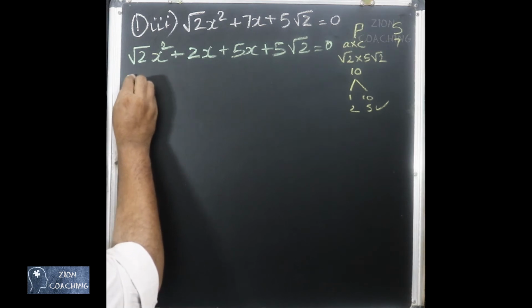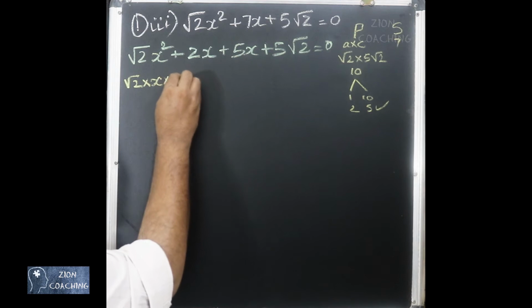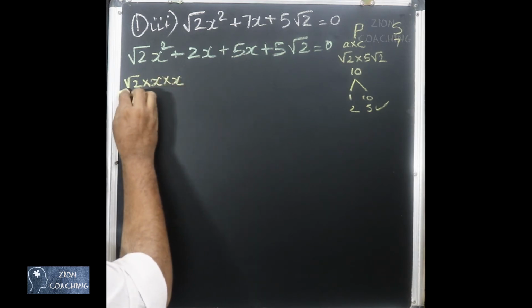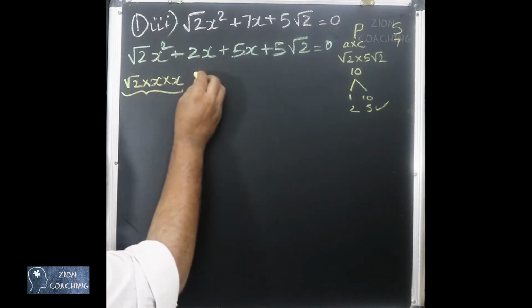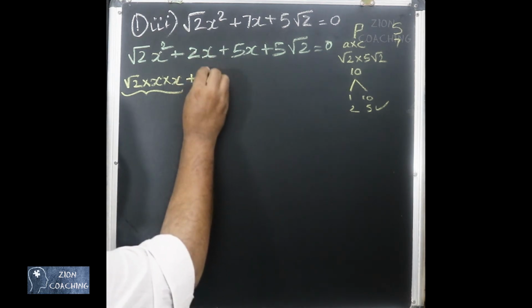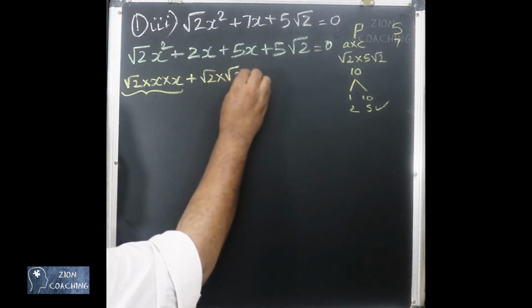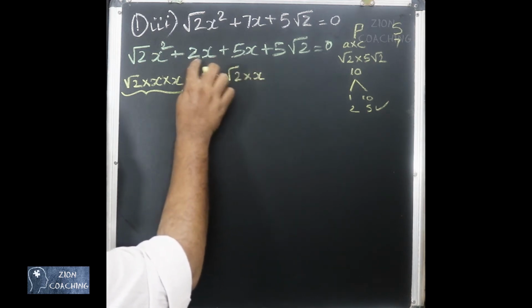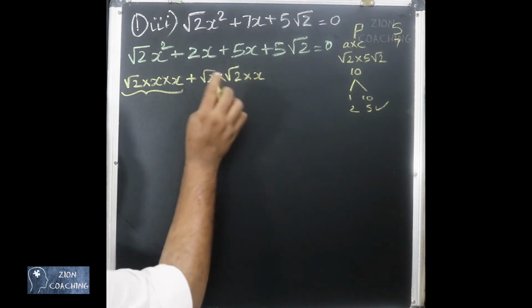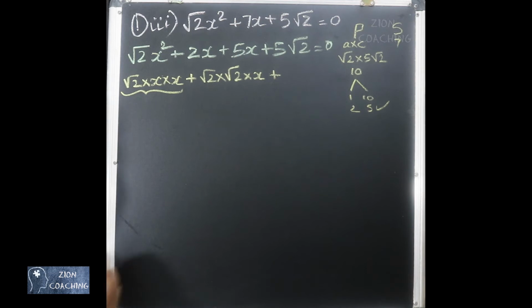So, this can be written as root 2 into x into x. This is the splitting of the first term here. Then, this can be written as root 2 into x. Root 2 into root 2 is 2, then we have that x. So for the second two terms, I am going to use another color.